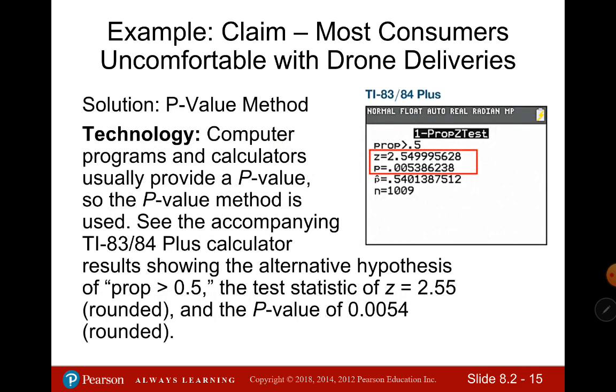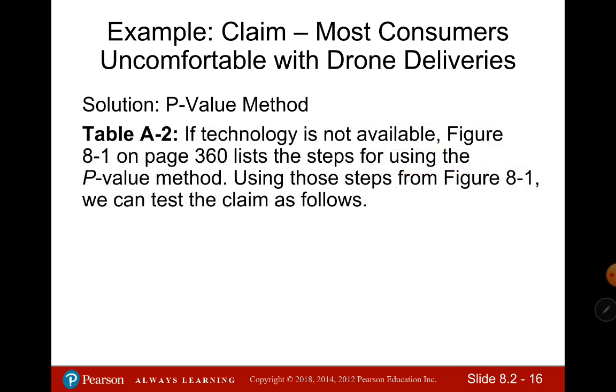Of course, we can always use technology to help us get the test statistic and the p-value. This page shows that if we use this calculator, we can get the test statistic. This Z is the test statistic, and this P is the p-value we're going to use. These two are the most important values we need to focus on.